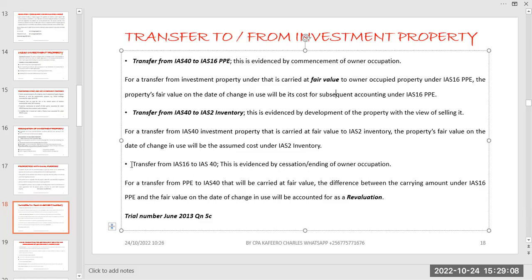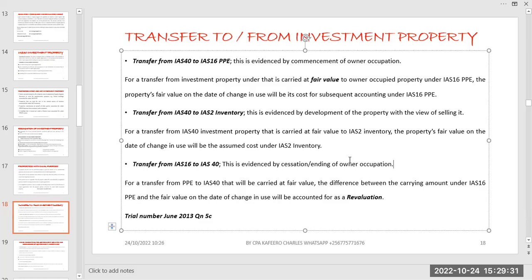Then the last view is that we've been transferring assets from investment property to other standards, but now we are transferring items from PPE to IS40.